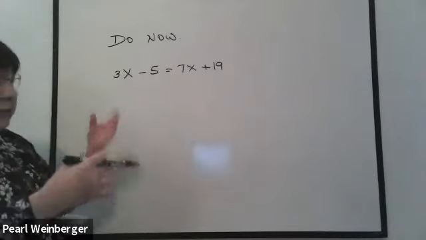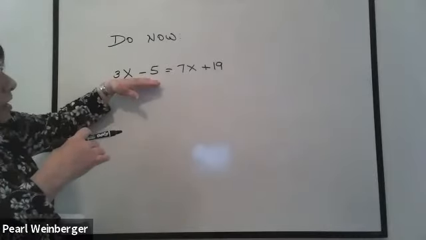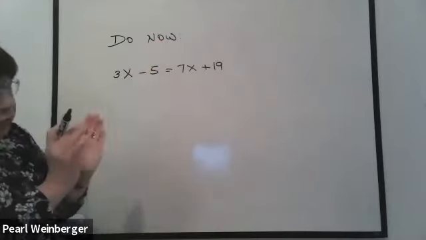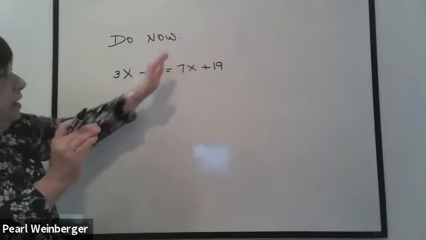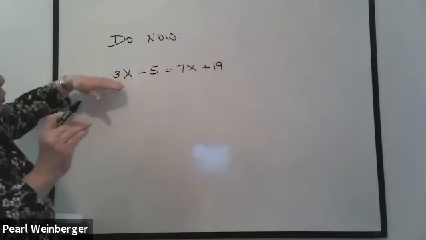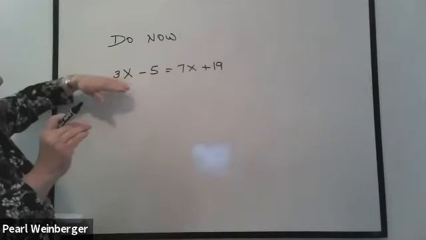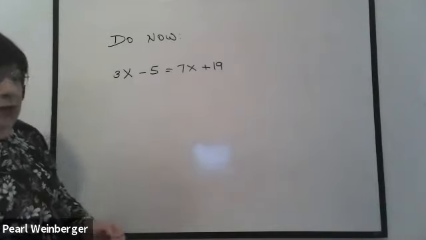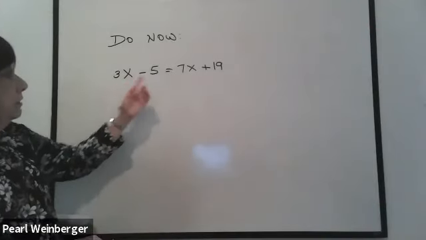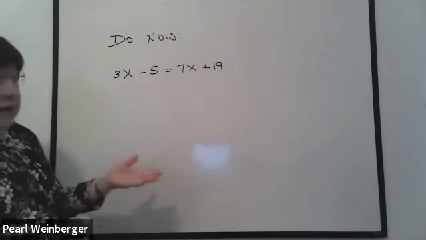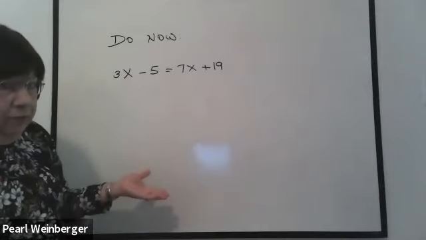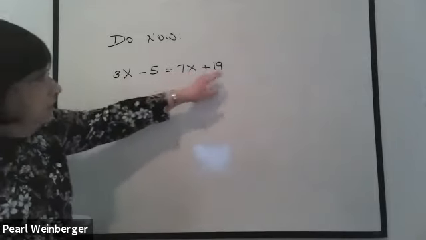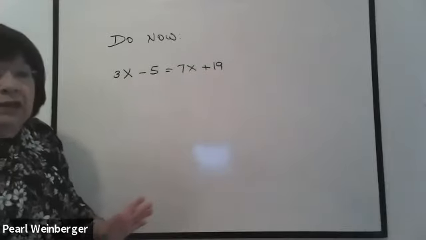The next step is to check each side before you start moving things. Just check each side. Is there anything that you could combine on these two sides? And of course, the 3x and this -5 are not like terms. They can't be combined. The 7x and the 19 are also not like terms.